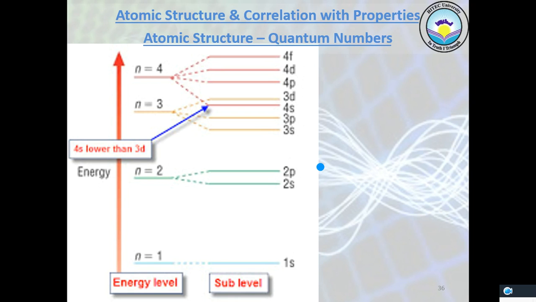So the wave-like properties of electrons give them a discrete set of energy states. Not a continuous set of energy states. These are the discrete set of energy states: energy state 1, energy state 2, energy state 3, energy state 4.